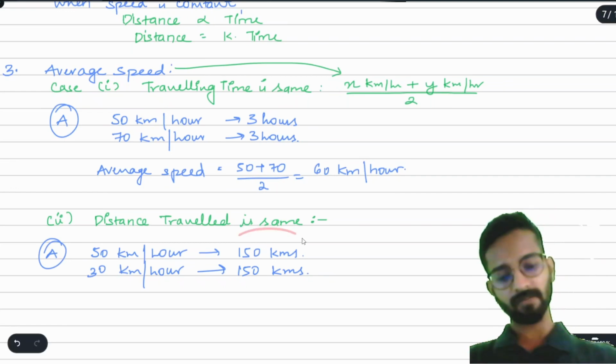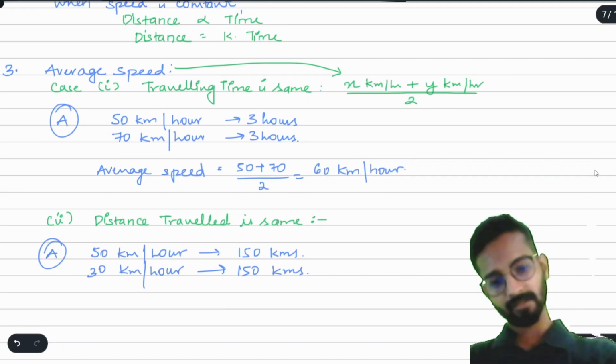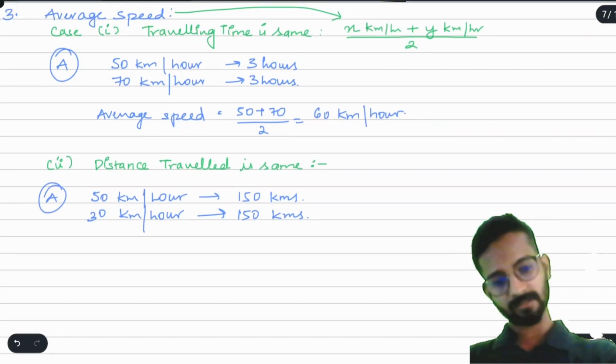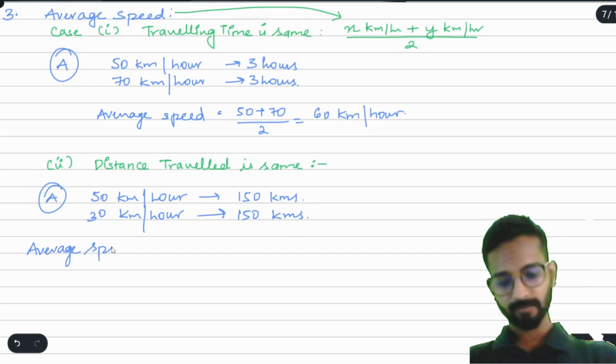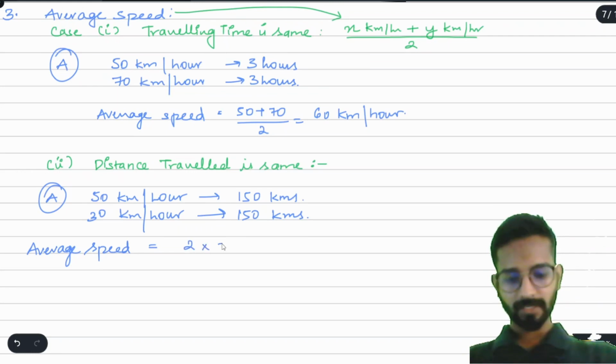What is the distance traveled? 150 kilometers, 150 kilometers. So how will you find the average speed in this case? See, the average speed will be equal to 2 multiplied by 50 multiplied by 30 divided by 50 plus 30.